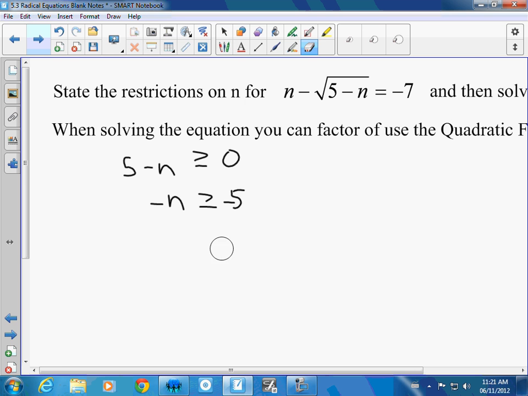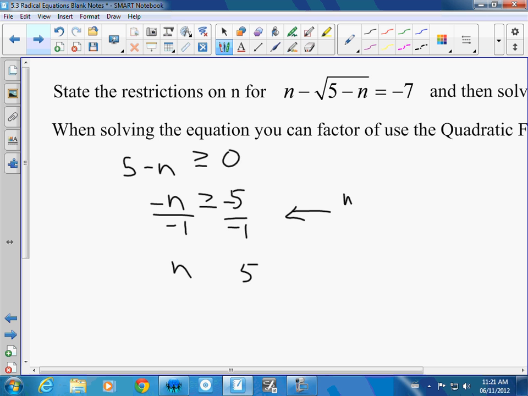Look, when you divide by negative 1, in this case the negatives cancel out. You have to realize that when you multiply, or I'll put it in here, when you multiply or divide by a negative, you flip the sign.